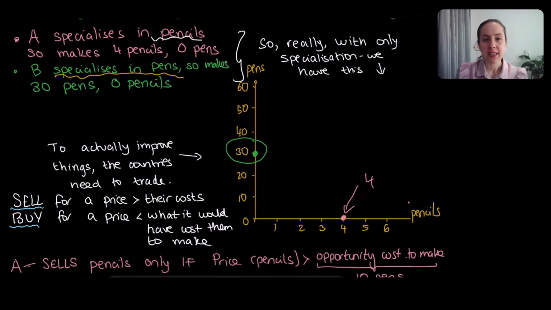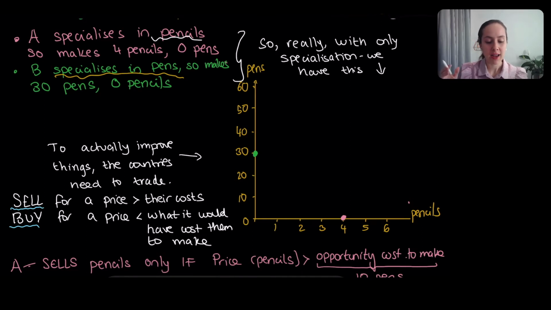The thing with specialization is you don't make anything else. You have decided to make only what you have comparative advantage in. So this theory is really going to rely on trade for them to be able to acquire the other good that they don't have. And here's where it gets really cool and really interesting.